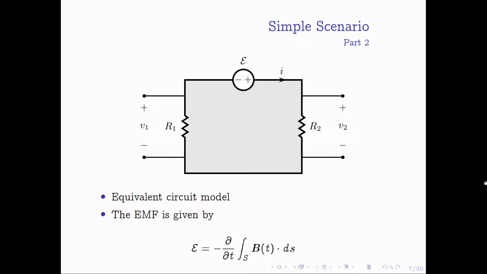And from then, we can basically apply the circuit laws and find the voltages V1 and V2. And since our magnetic flux density is uniform inside the loop, the integral reduces into a multiplication. And all what we have to do is to take the derivative of the magnetic flux density with respect to time.